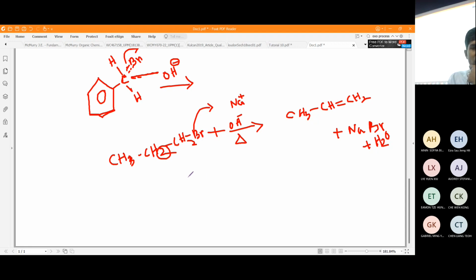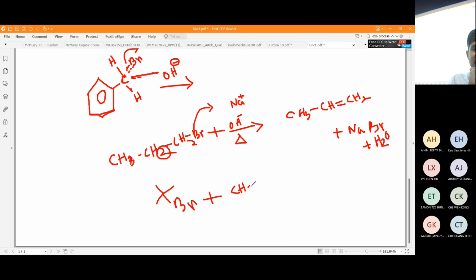So now we will be looking at an SN1 reaction. Let's say this is a tertiary alkyl halide, bromine, and we are adding a base, let's say methanol.